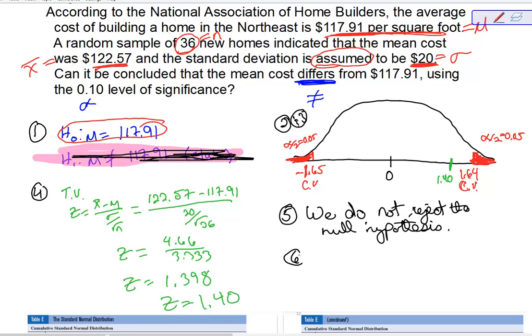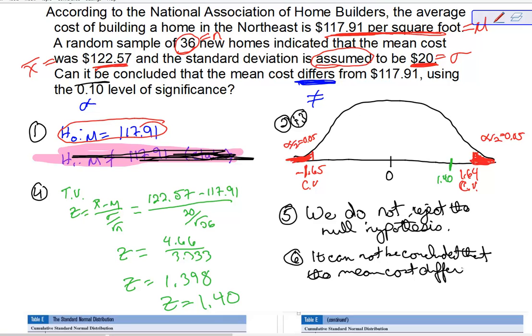So looking at the way the question is worded up here, it cannot be concluded that the mean cost differs from $117.91 using the 0.10 level of significance.